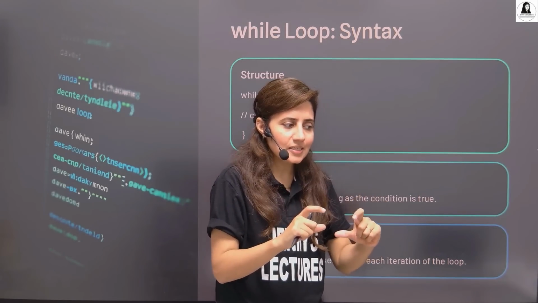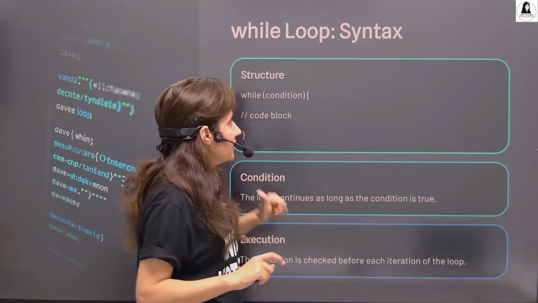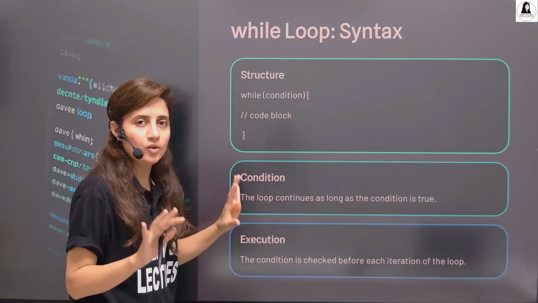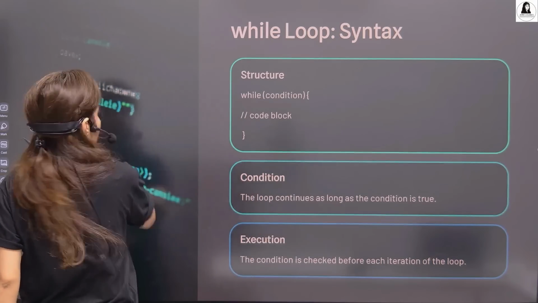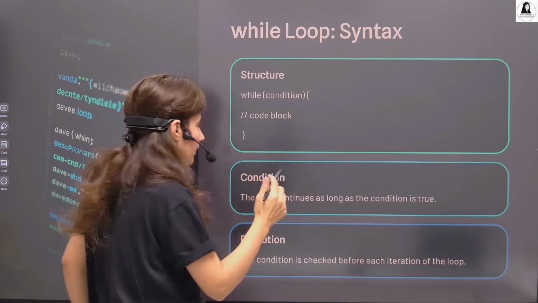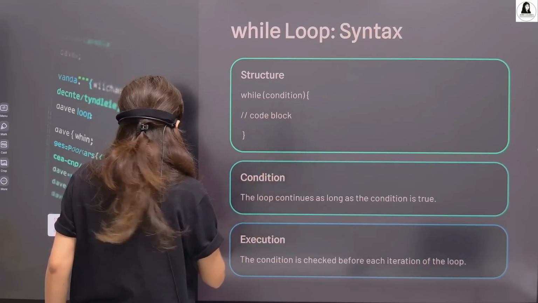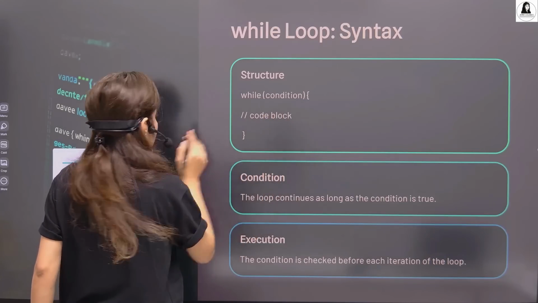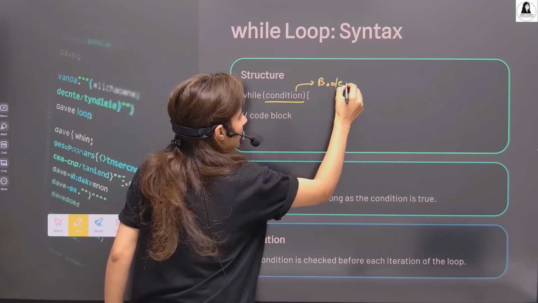So first let's discuss what is while loop. The syntax of while loop is a simple one. We just first write the keyword while, then in brackets one condition. We know the condition, the termination condition basically. And this termination condition must be a boolean expression. That is for sure.